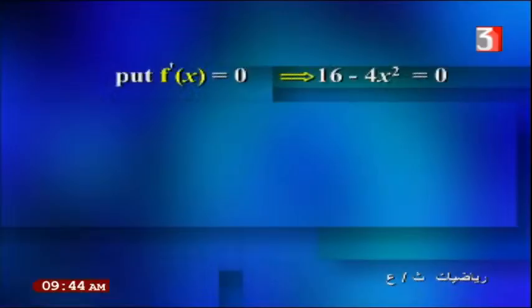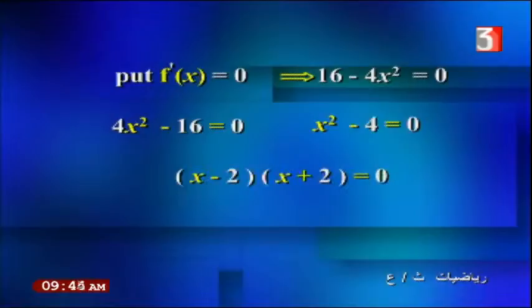The second step, we put f dash x equals 0, then the numerator 16 minus 4x power 2 equals 0. We can write 4x power 2 minus 16 equals 0 and divide by 4, then x power 2 minus 4 equals 0. This expression is the difference between two squares, then the two brackets x minus 2 times x plus 2 equals 0, and x equals 2 or x equals negative 2.